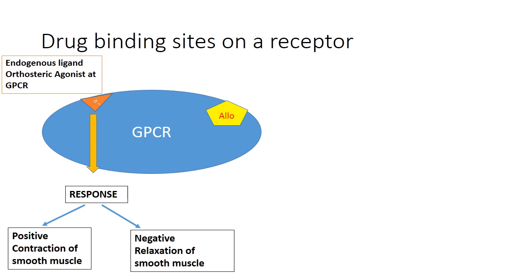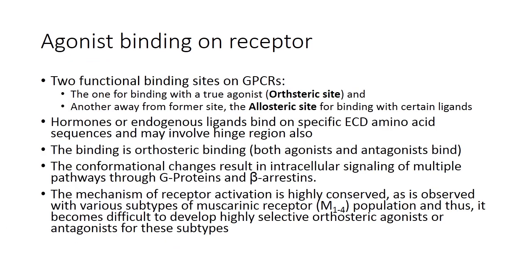This is how a receptor is bound by a ligand, an agonist, and here conventional receptor binding is orthosteric agonist binding on a G-protein coupled receptor that activates intracellular signaling pathways, resulting in a response. One may remember that a response can be a contraction, that is positive, or can be a relaxation, that is negative, but it is an overall excitation.